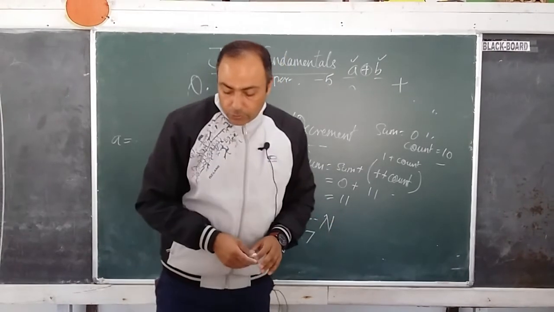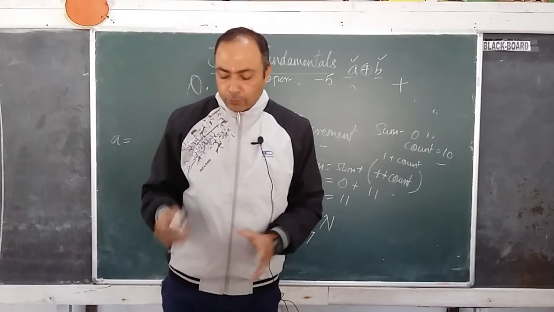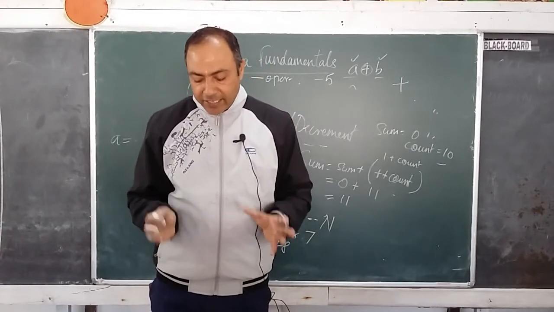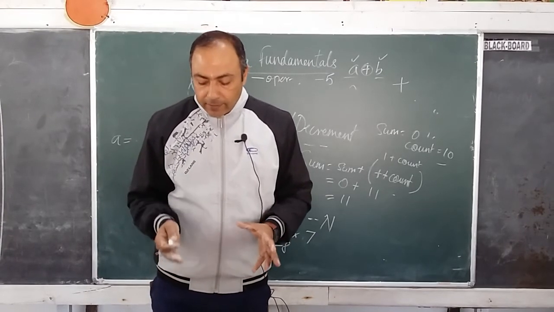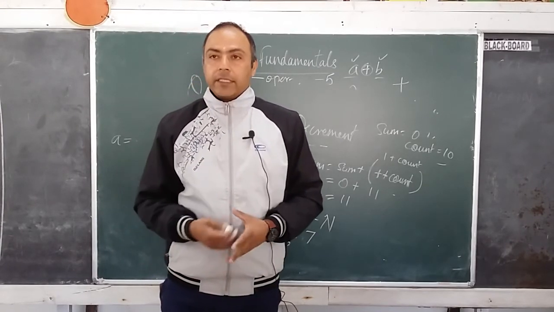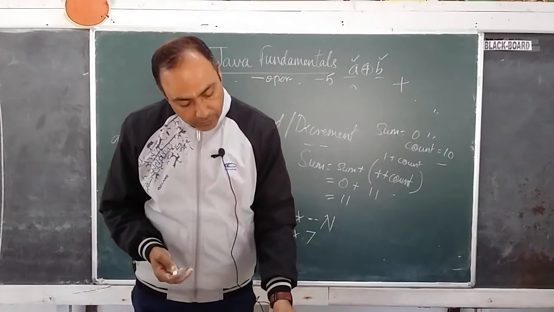That means the prefix increment and decrement operators follow the change-then-use rule. That is, they first increment or decrement the value of their operand, then use the new value in evaluating the expression.